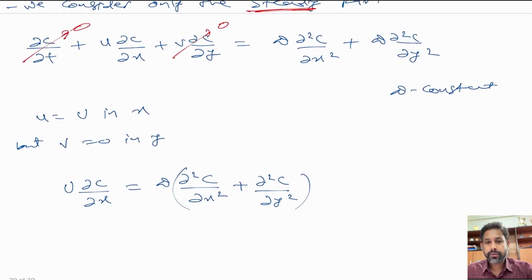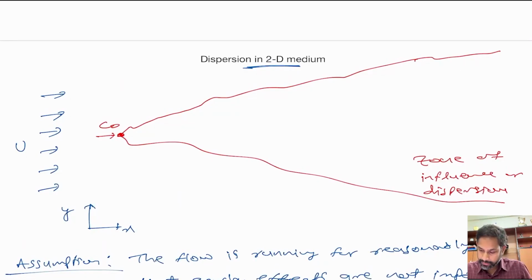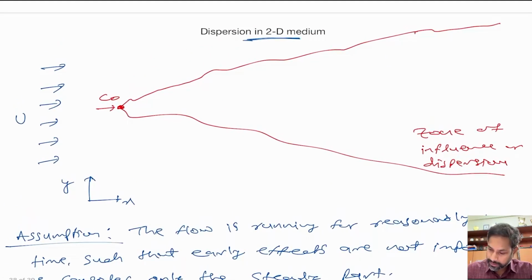All right, and now in this case we can make a further assumption that, as we see in this image or this diagram, with long time when the flow is completely developed, we assume it has become a long and thin zone such that your x length scale is much greater than y length scale, right?